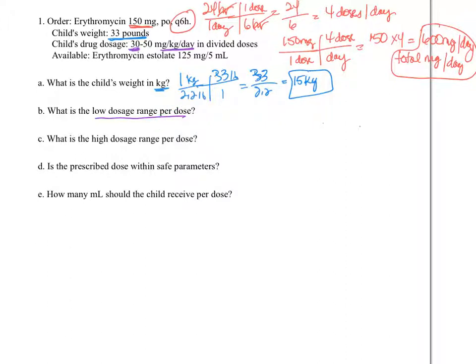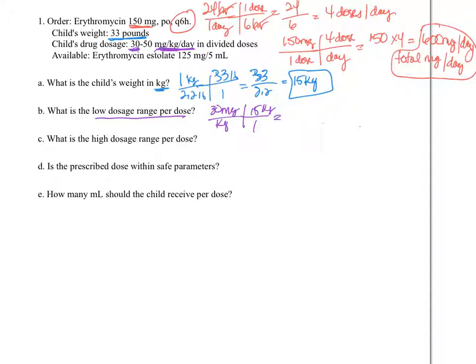How do we go about doing that? We need to set up our dimensional analysis. We have 30 milligrams per kilogram, and we have a 15 kilogram child.